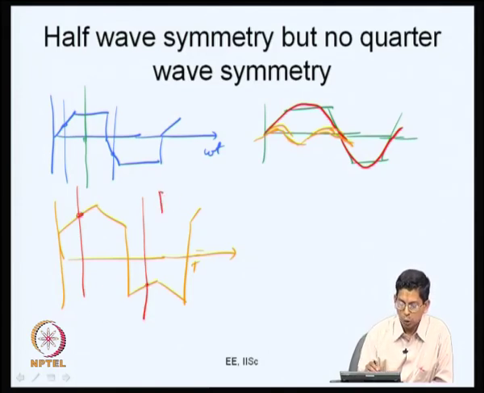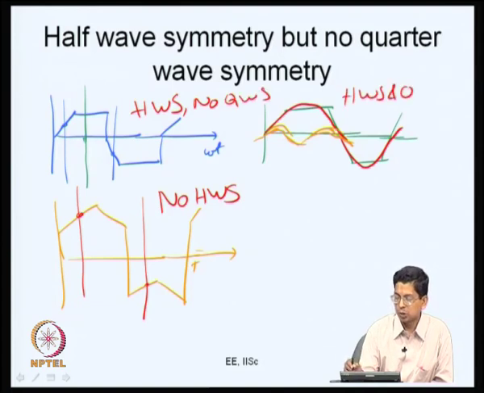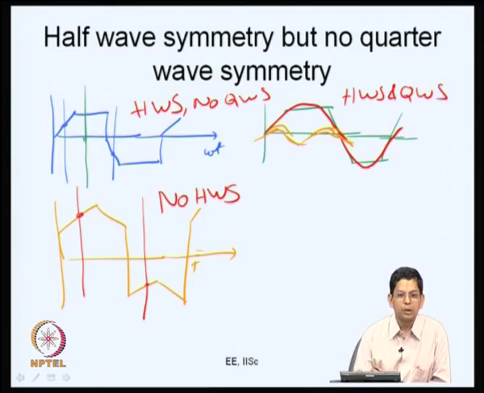So, this is not an example of half wave symmetry but no quarter wave symmetry, this has no half wave symmetry. The earlier one is an example of half wave symmetry but no quarter wave symmetry. This is an example of both half wave symmetry and quarter wave symmetry. So, you can certainly construct various examples.